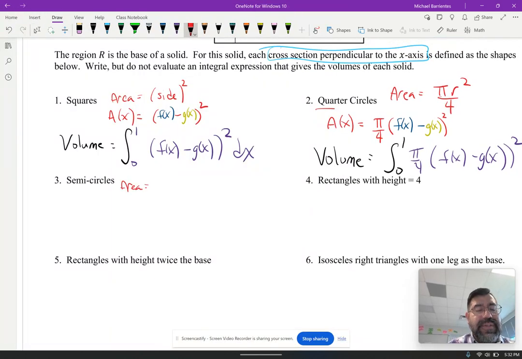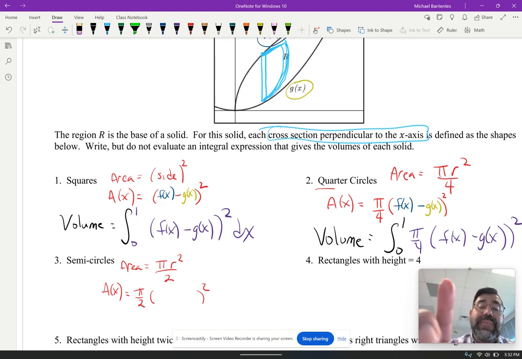The area of a semicircle is pi r squared divided by 2. So therefore, the area function is pi over 2 times the radius squared. But when I draw this picture over here, let me erase these parts.